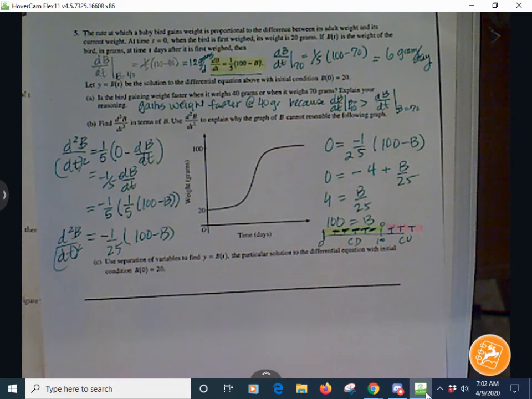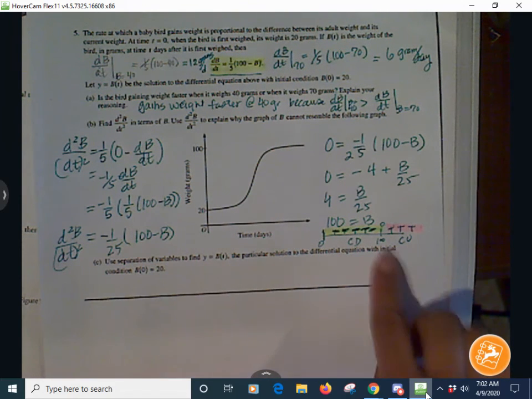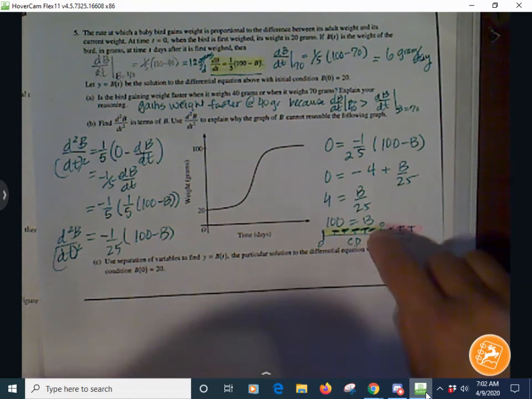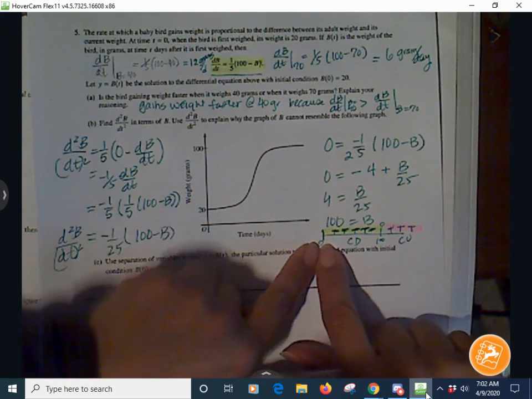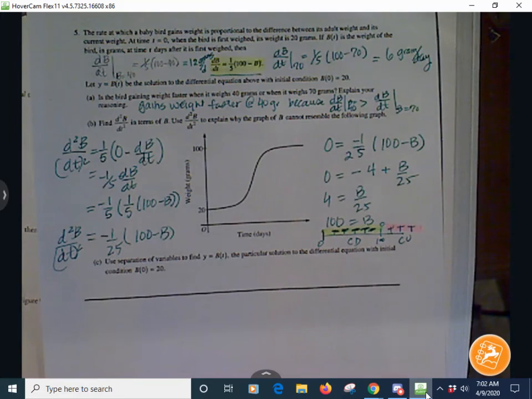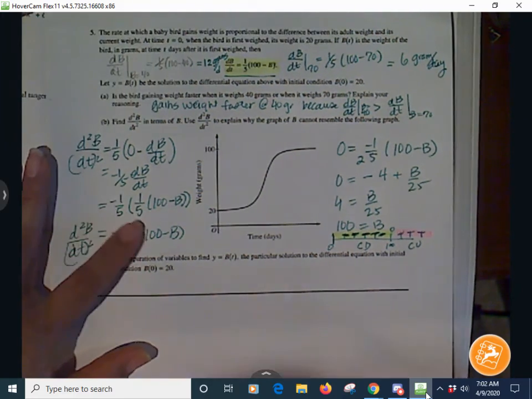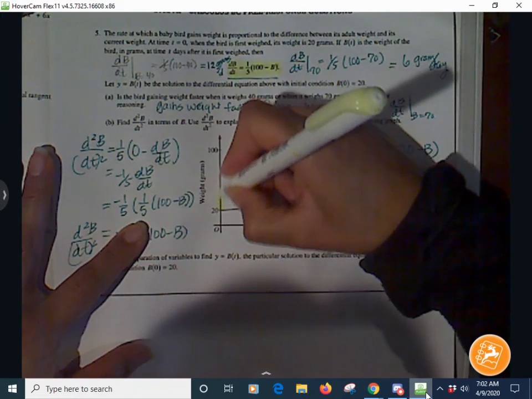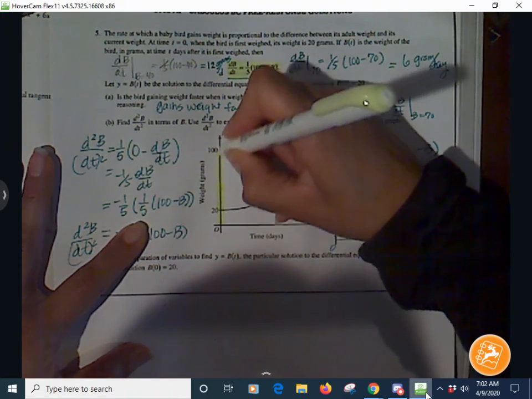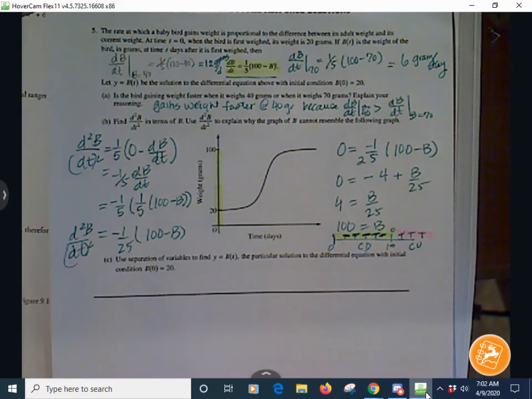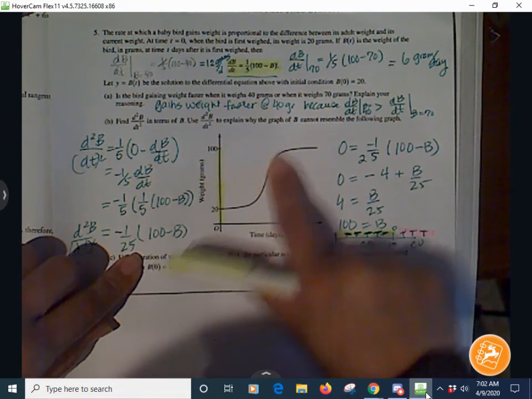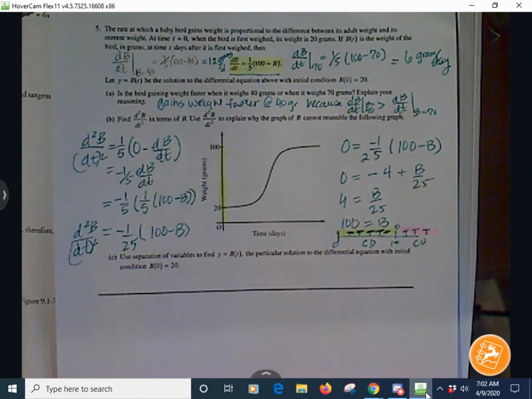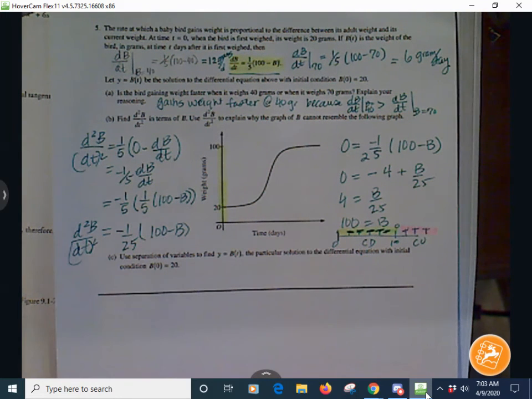So let's see if that matches. Now, remember that this 100 represents B, not T. So I'm looking at the interval from 0 to 100 to be concave down. So I'm looking at all of this to be concave down, which I can see that part of it is concave up and then it starts going concave down. So that's why this doesn't match up.